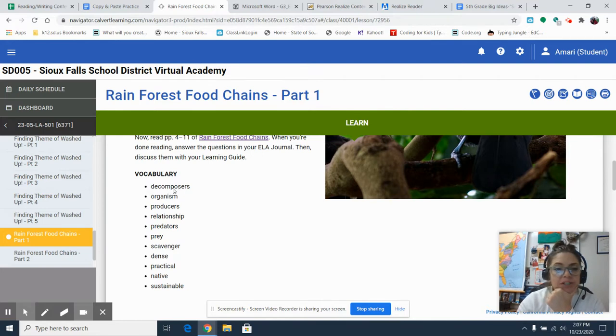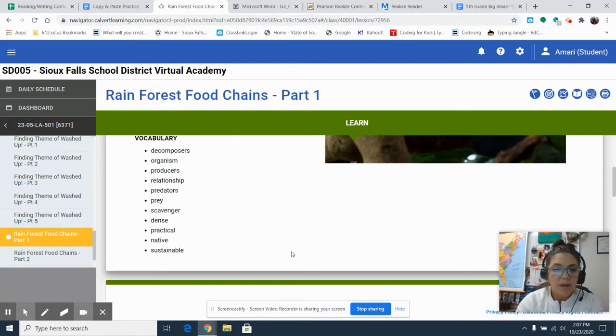This one's decomposers, organism, producers, relationship, predators, prey, scavenger, dense, practical, native, and sustainable. So those are the vocabulary words that you're going to come across today.